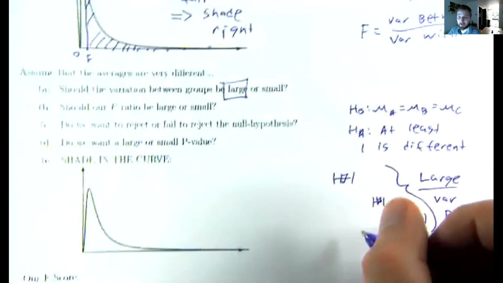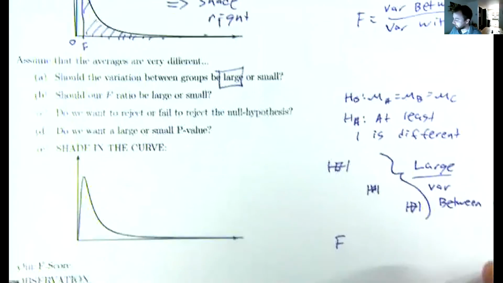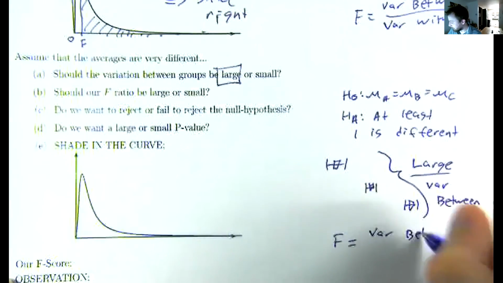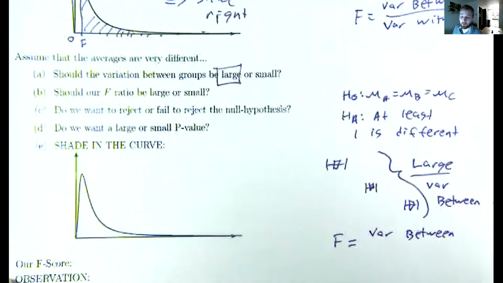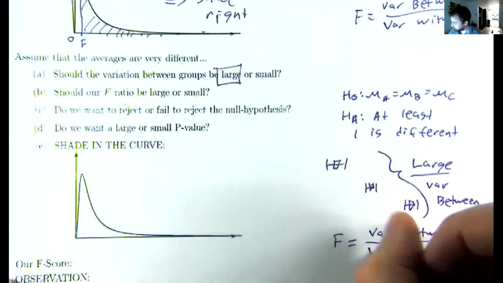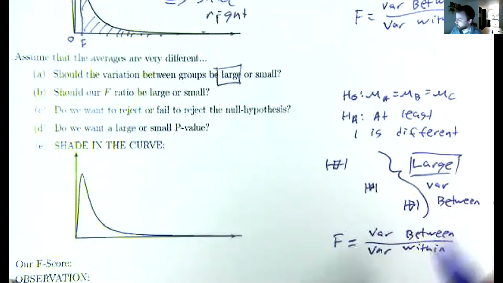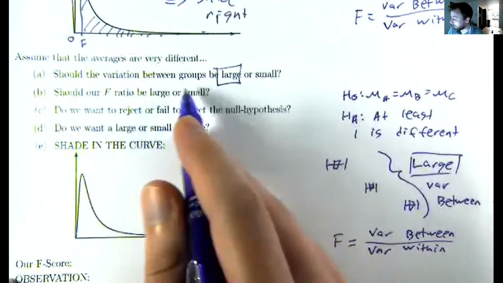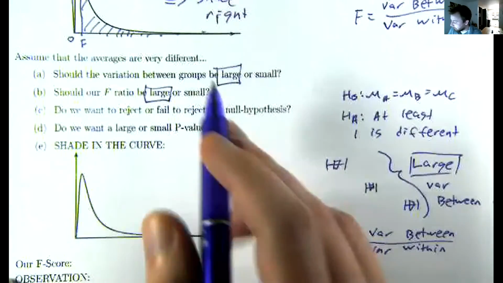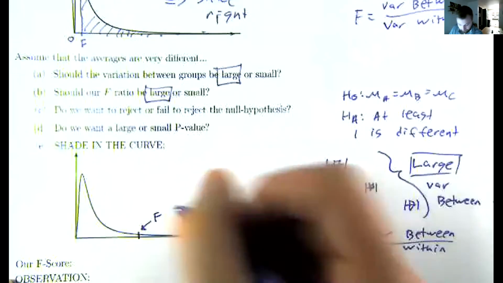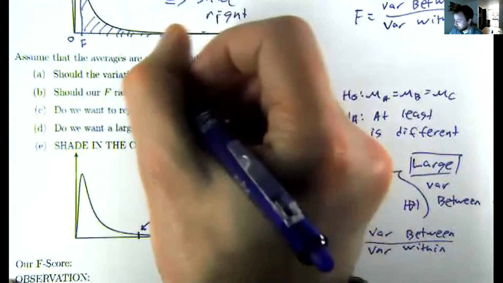When I'm thinking of my fraction, if I have something like 1 billion, something really large on the top, and I divide this by something small, like the size of those blocks there, well, 1 billion minus 2 is still a ridiculously large number. So if I have a large numerator, I'm going to have a pretty large fraction. So in the situations where my averages look very different, I'm going to have a large F if it looks unfair.